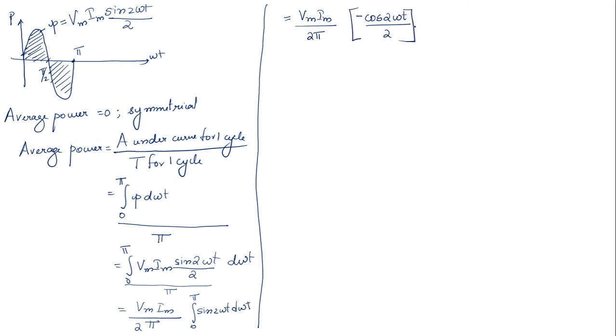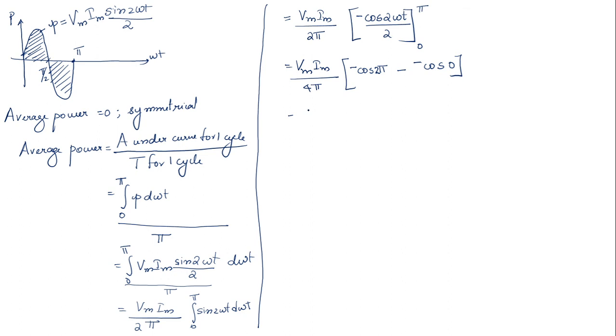Because 2 is a constant here, and we are integrating with respect to omega t alone, from 0 till pi. Now let's substitute the limits. So Vm Im divided by 4 pi, as 2 has been taken outside. Now we give the limits: minus cos 2 pi minus minus cos 0, that is the lower limit.